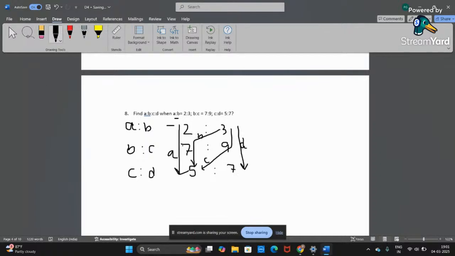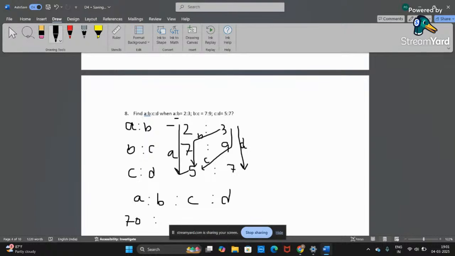So to find A, you have to multiply 2, 7, 5. That means 2 into 7 into 5. How much is it? We need the answer in the form of A is to B is to C is to D. When you multiply 2 into 7 into 5, we get 70.